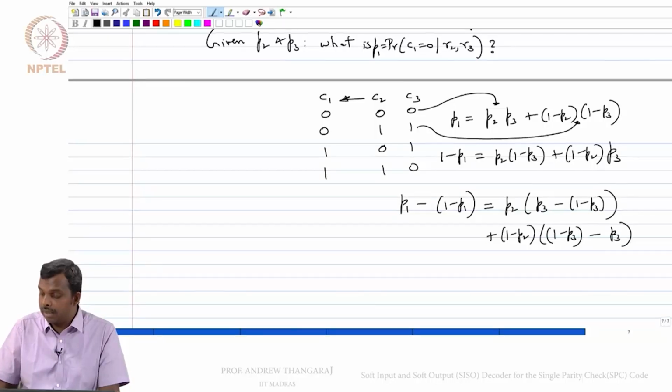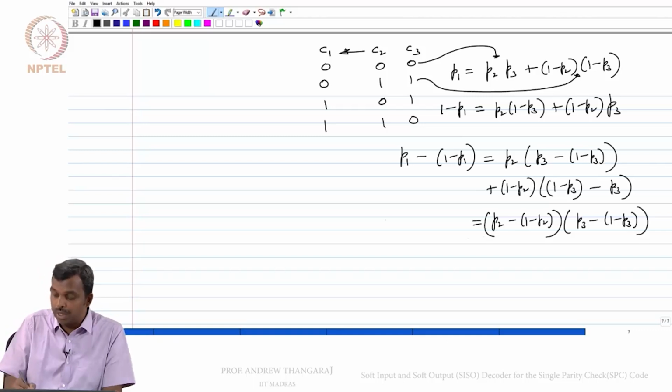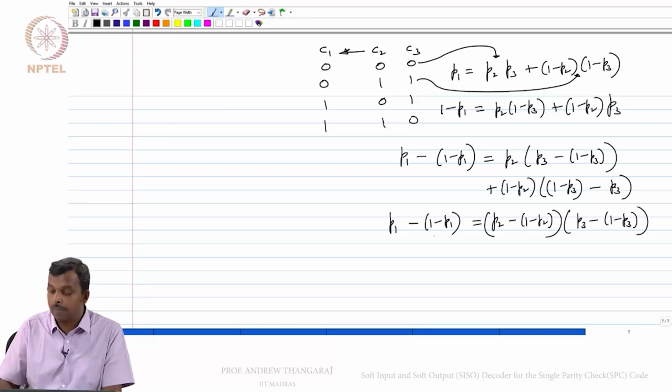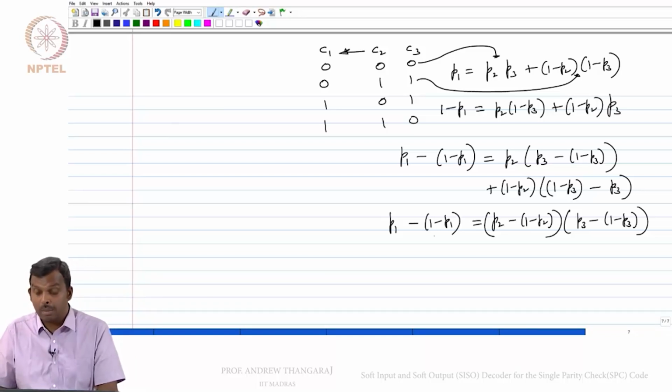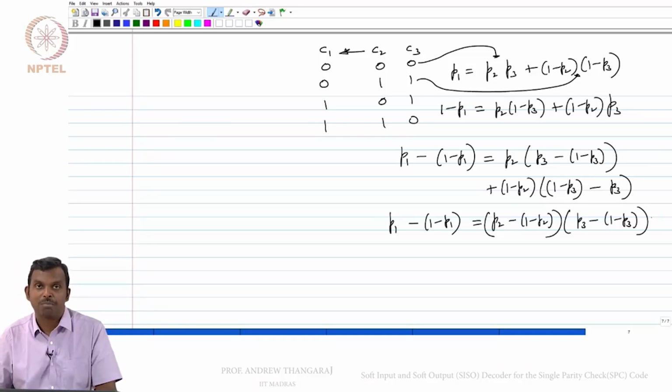So, you can take things common here and you will get P2 minus 1 minus P2 times P3 minus 1 minus P3. It is a simple little observation, but this will help us simplify a lot of things. P1 minus 1 minus P1 equals P2 minus 1 minus P2 times P3 minus 1 minus P3. Sounds simple enough, but it's nice to do.